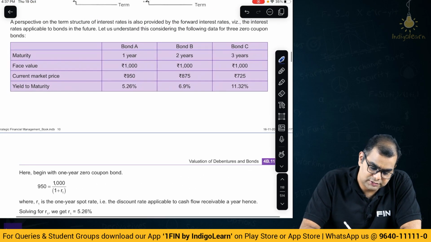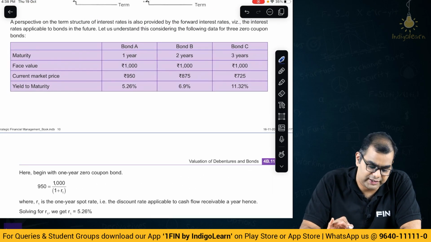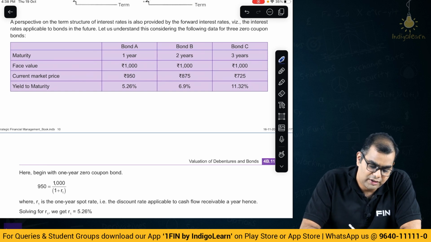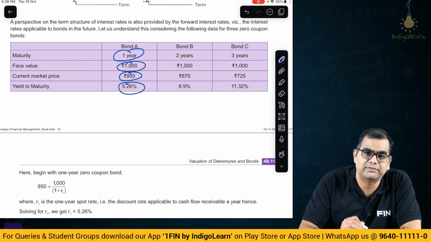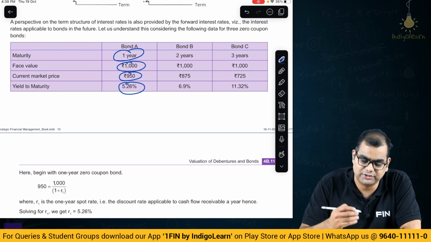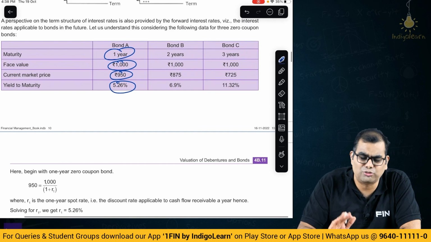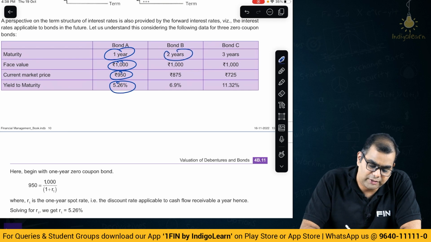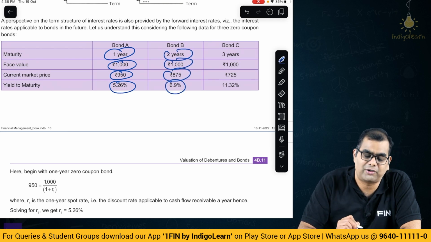There are three bonds and all three have the same credit rating. All three bonds are of a similar kind of industry, everything. 1 year bond, face value is 1000, market price is 950, YTM is 5.26. Assume that these are zero coupon bonds. Assume that there is no coupon. Even with a coupon we can compute, but I am taking a simplistic example. 2 year bond, 1000 rupees face value, current market price is 875, YTM is 6.9.